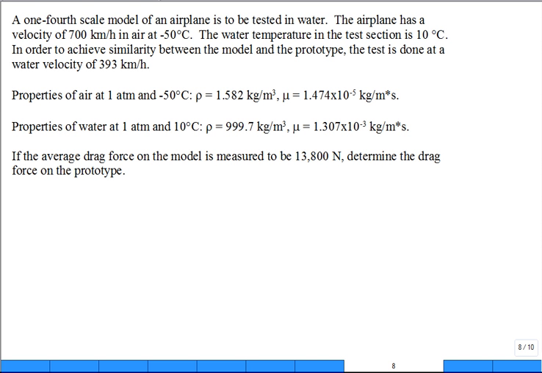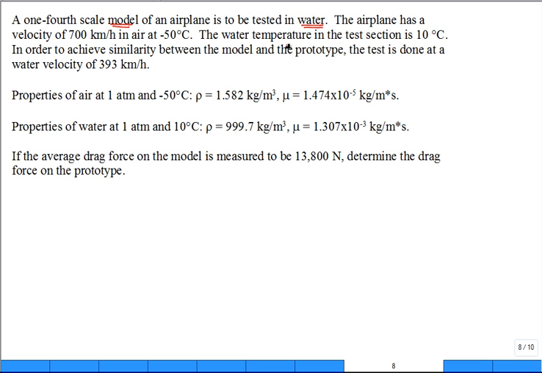All right, here's the problem. It's a lot. You know, when you get these problems, they're long because it's all this information. You've got to get information about the model and then the prototype. In this textbook and a lot of engineering textbooks, prototype means the full scale. Model, smaller. So a 1/4 scale model, the model being 1/4 of the prototype of an airplane, is to be tested in water.